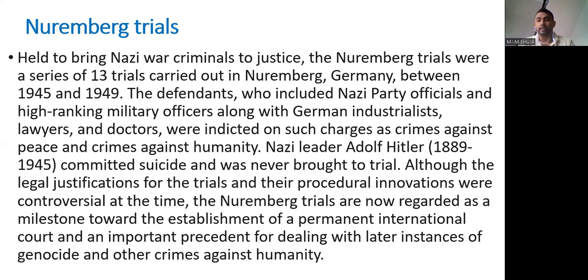So they wanted to bring the Nazis in front of justice and punish them. There was a series of 13 trials carried out in Nuremberg, one of the major cities in Germany.